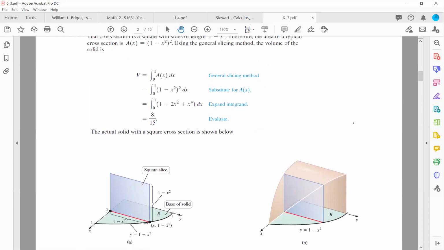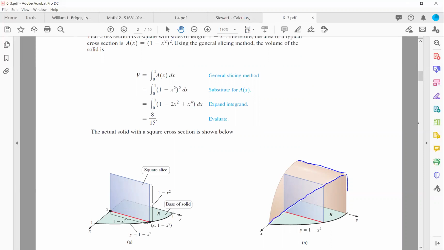In the x, y plane, your y is equal to 1 minus x squared. Okay, so remember that we are cutting our object.